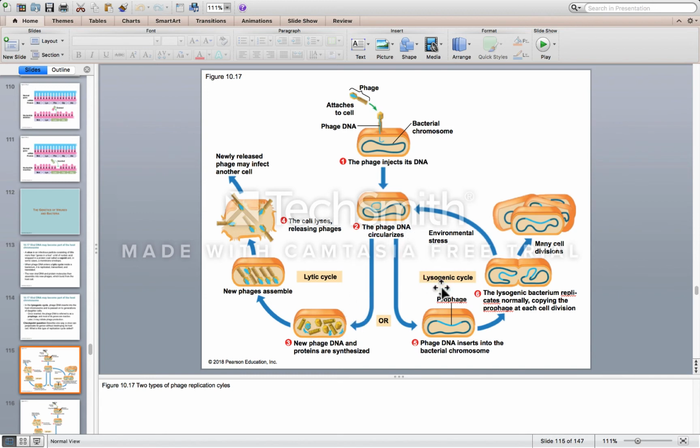Here, the viral DNA can insert itself into the bacterial chromosome. So there's that light blue into the old original circular DNA. And this guy will basically replicate, split, split, split, copy, copy, copy the bacterial cell. And then you're going to get many cell divisions of viral DNA over and over.